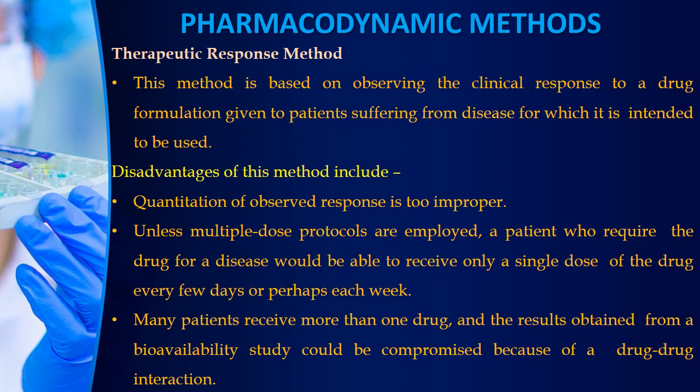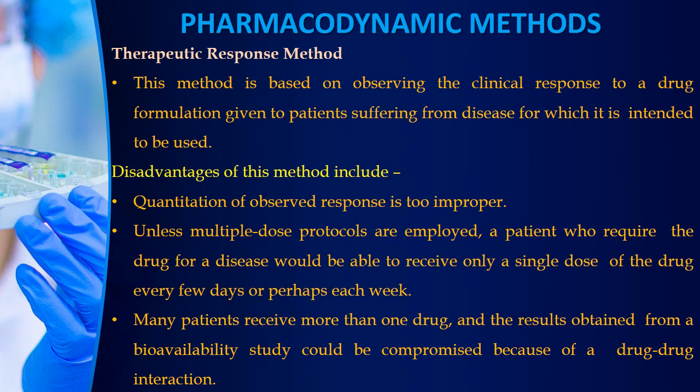In today's class we have discussed two major parameters used for measuring bioavailability. One is pharmacokinetic. Under pharmacokinetic we discussed plasma level time studies as well as urinary excretion studies. The second is the pharmacodynamic method.